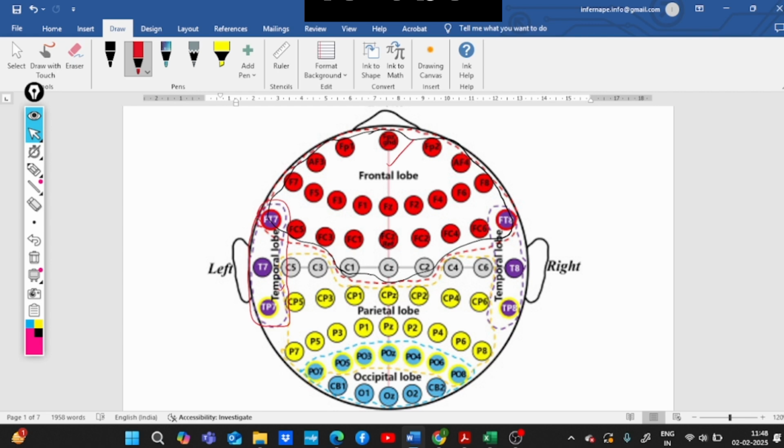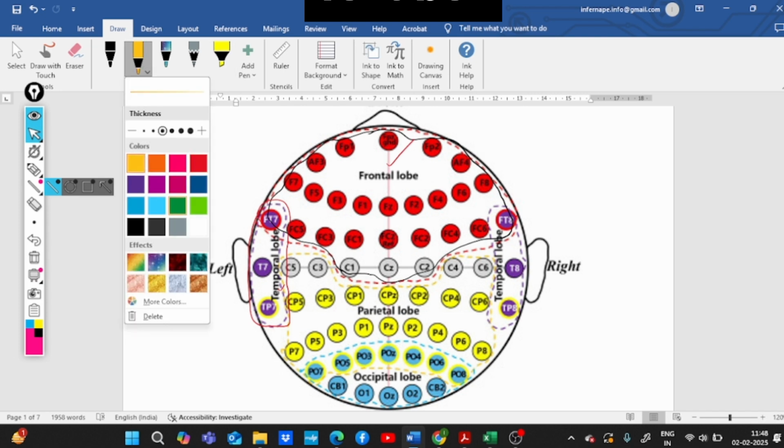Then we have the parietal lobe over here, which is given by a yellow dotted line. This yellow dotted line goes somewhere from here.